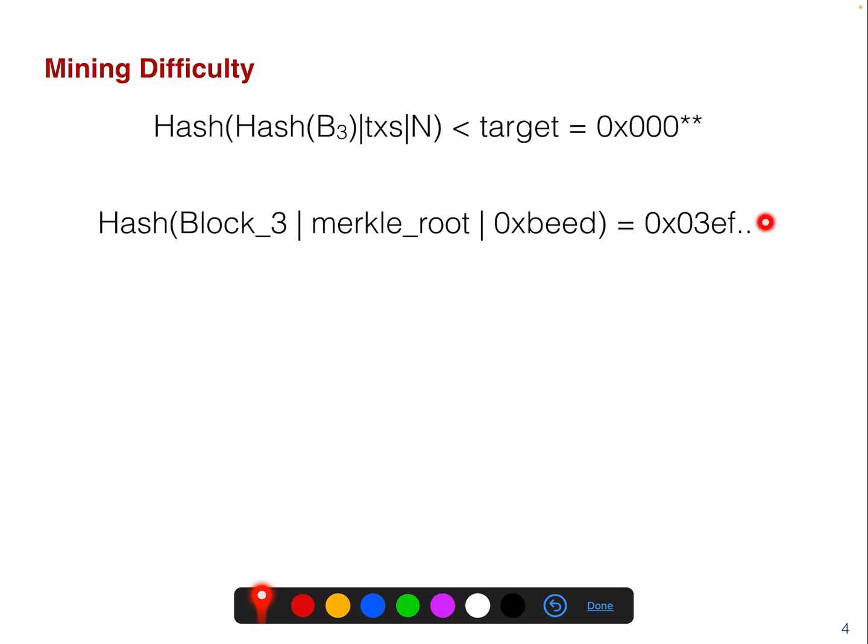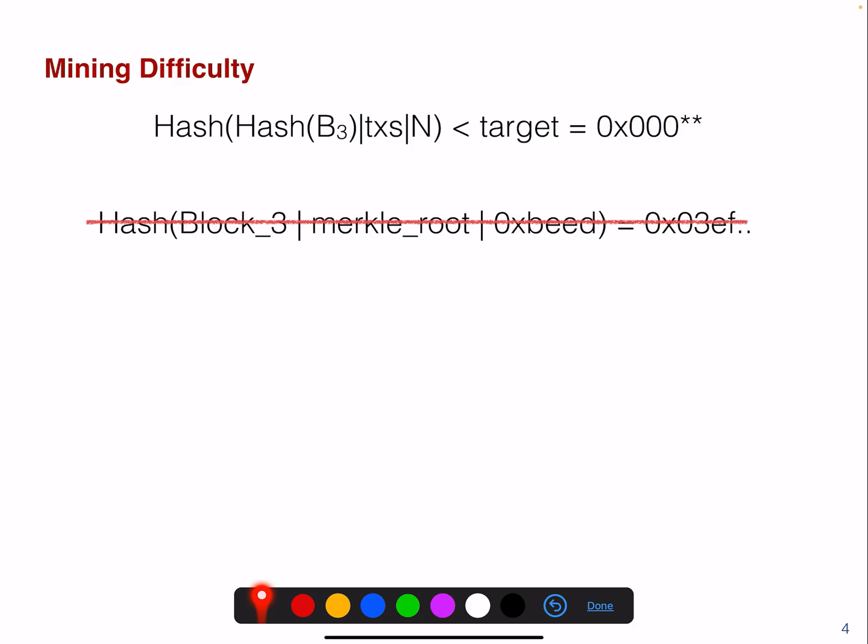We find that the hash here is 0x03EF. So there are 2 bytes, and they are not 0. So this doesn't correspond to the target that we are looking at.